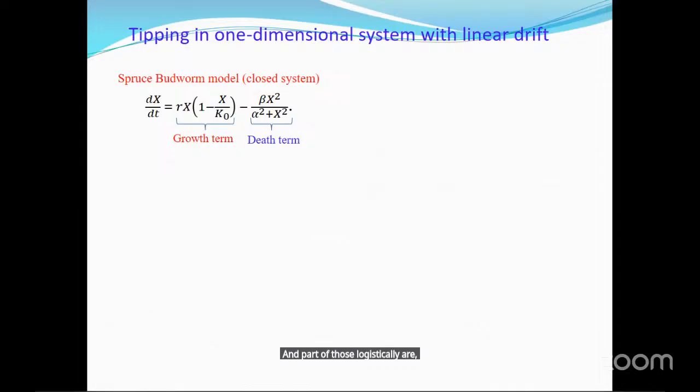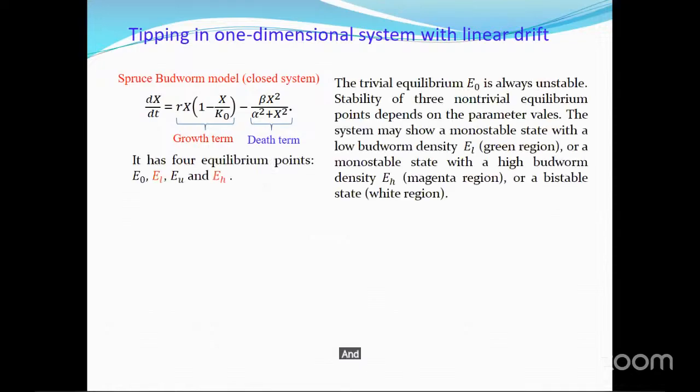And this is the delta term, which is basically due to predation of budworm by birds. So we consider this one-dimensional system, and this system has 4 equilibrium points: E0, EL, where L means low, EU, and EH, where H means high. So there are basically 4 equilibrium points.